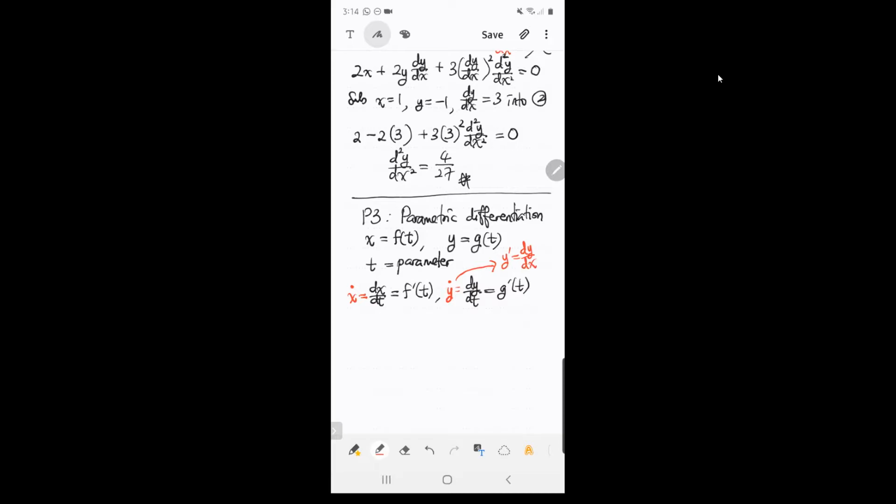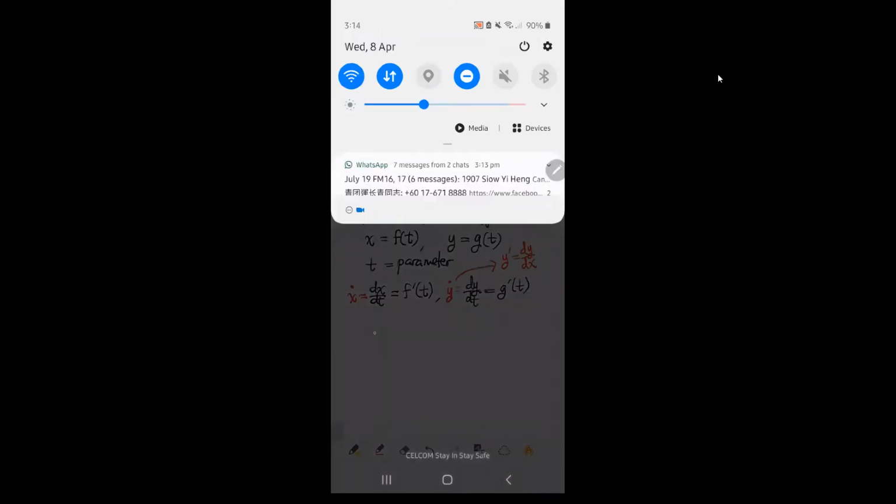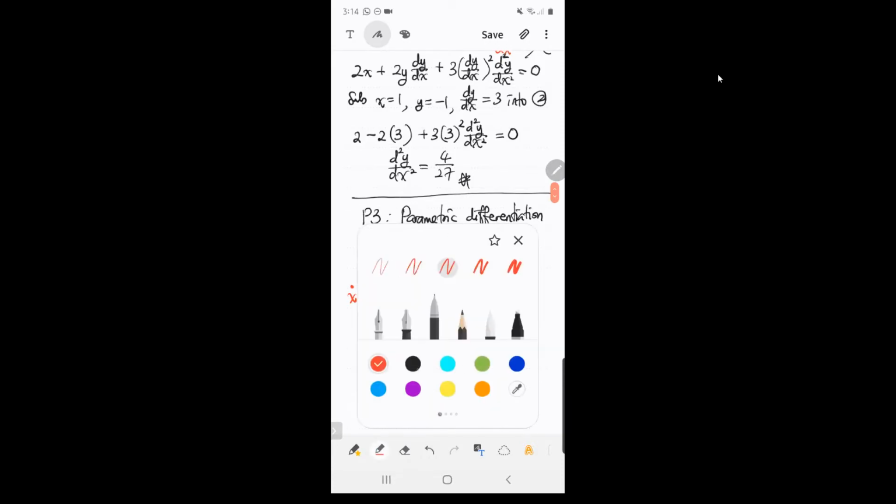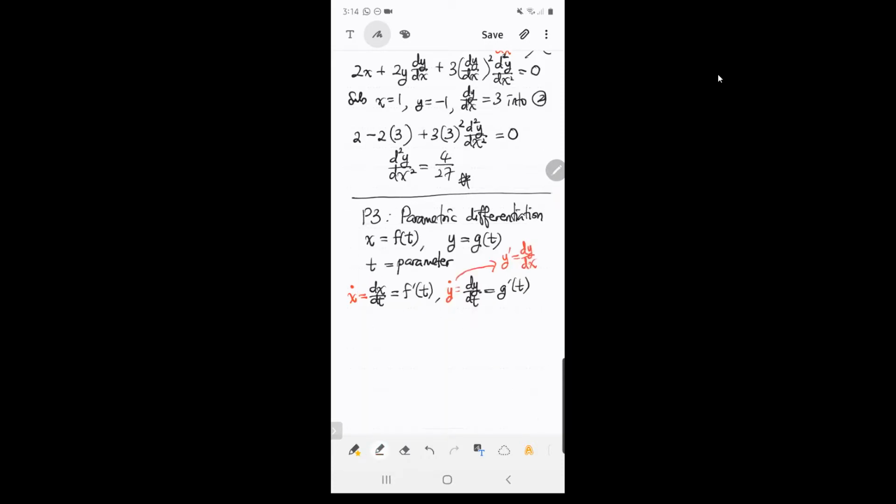Okay, so now I want to find dy/dx. So I proceed with dy/dx by chain rule. You write this as dy/dt times dt/dx. But I told you in P3, we don't do it this way. We straight away put in the quotient form, right?